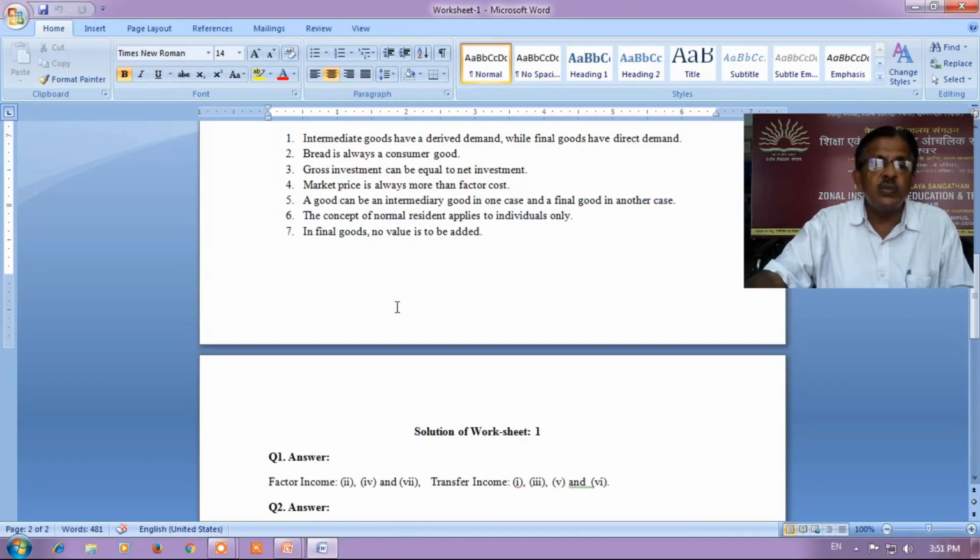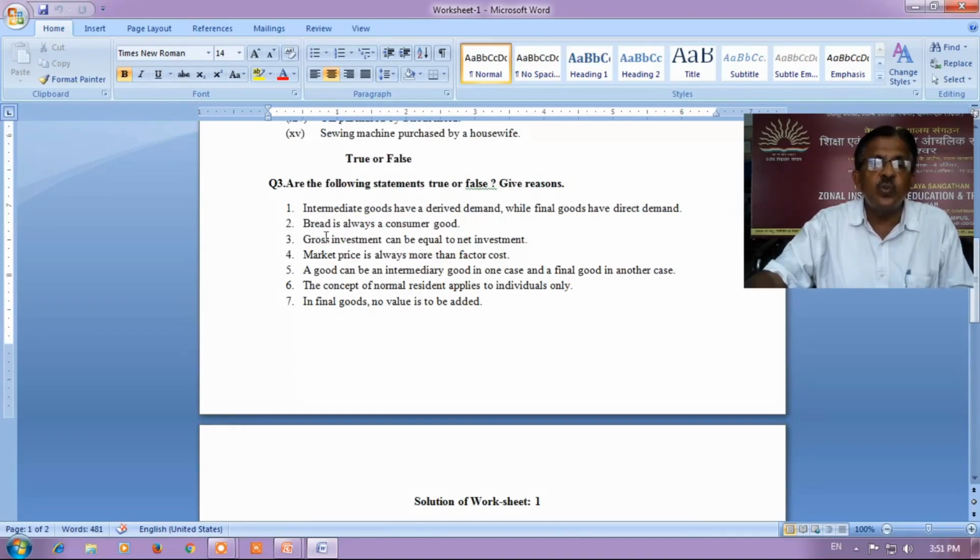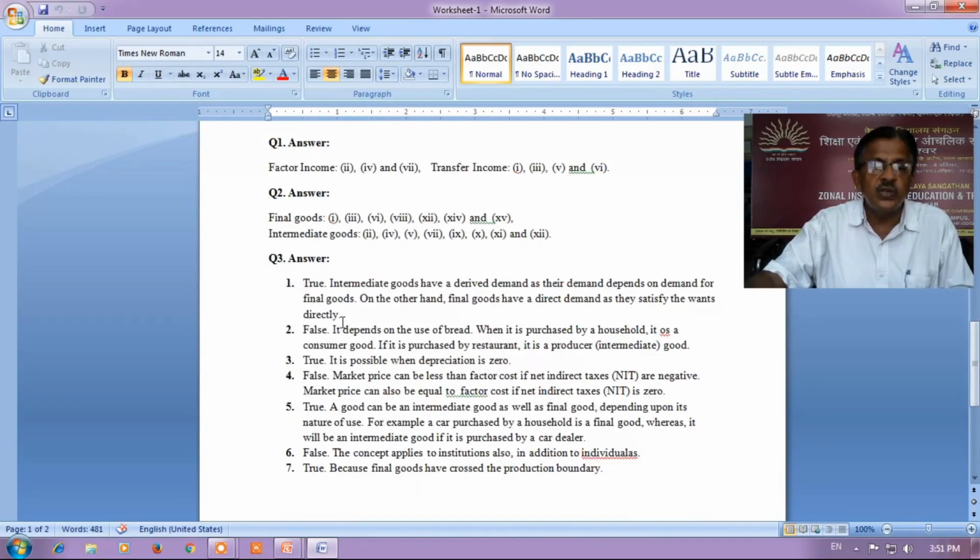Then statement 2, bread is always a consumer good. This is not true. It depends on the use of bread. When it is purchased by a household, it is a consumer good. If it is purchased by a restaurant, it is a producer or intermediate good.